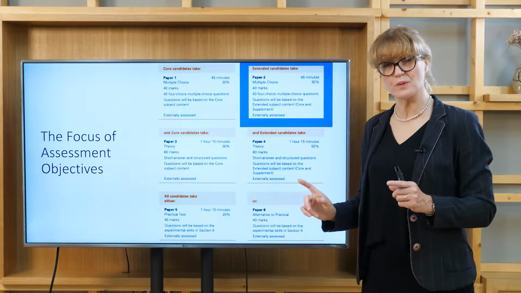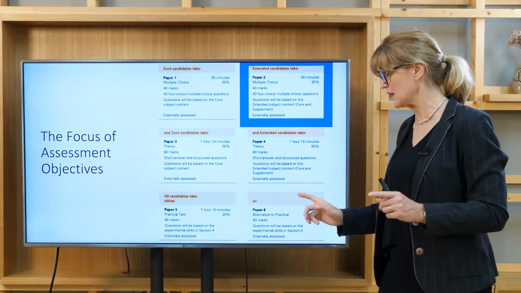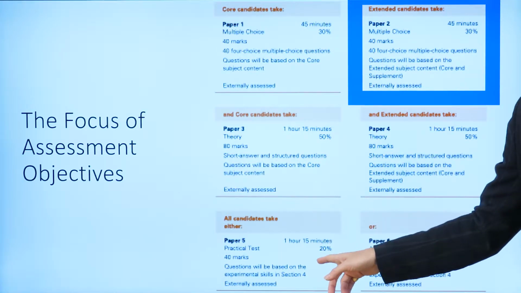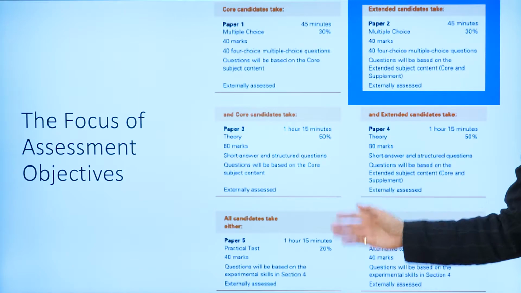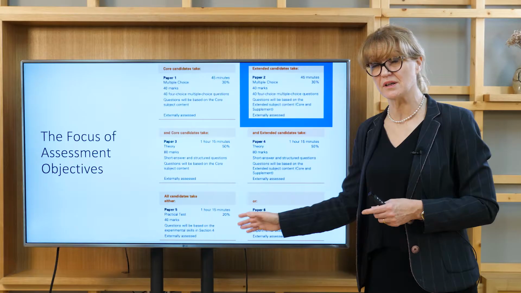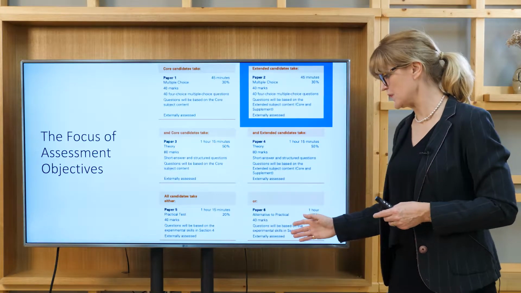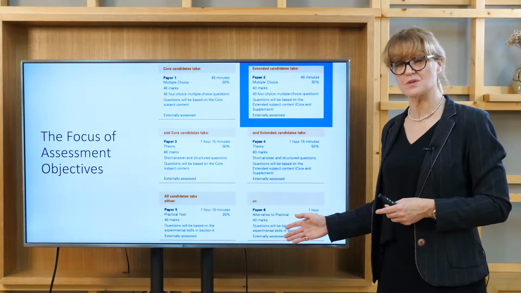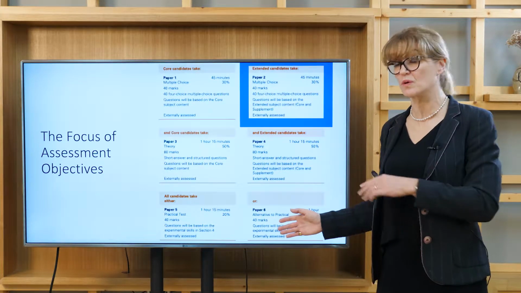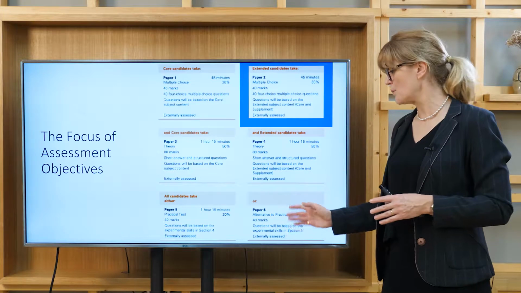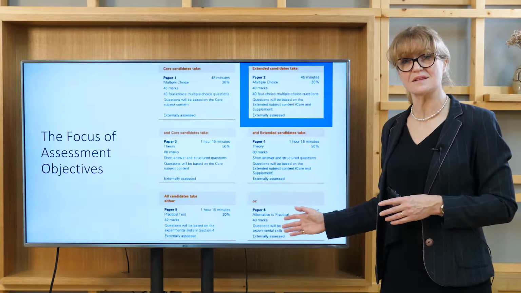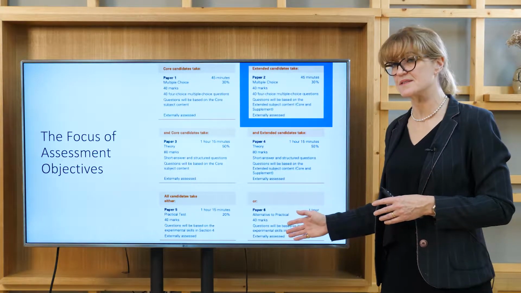Now, there is a little twist, a little difference. Here, this is a practical test, so this is actually what's done inside the laboratory in your school. This one here is an alternative to a practical. You don't have to do the practical or anything in the laboratory at all, but they have to sit a test, an exam, and this is the examination for that.